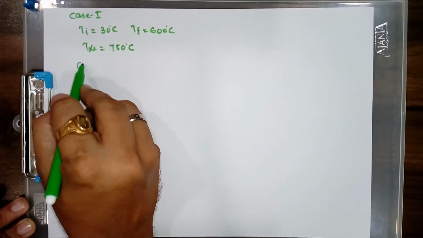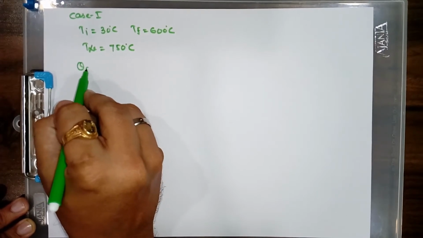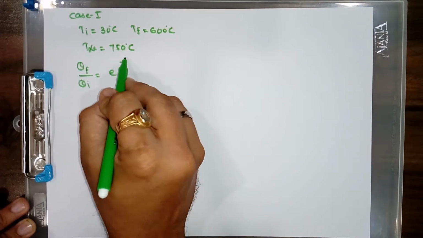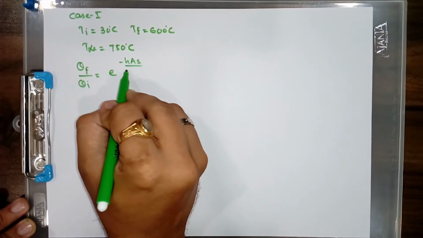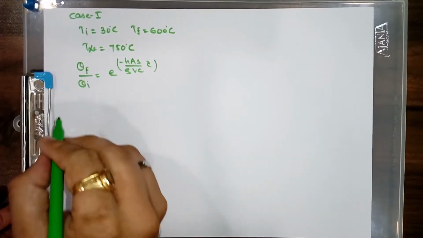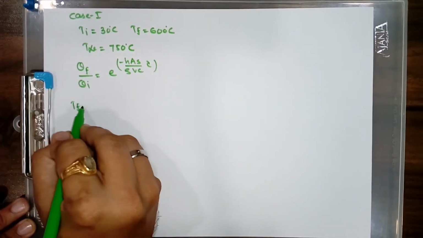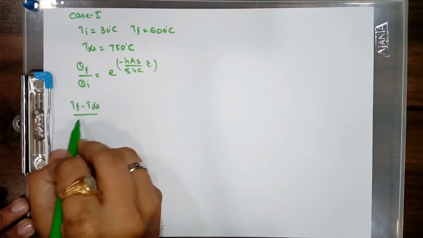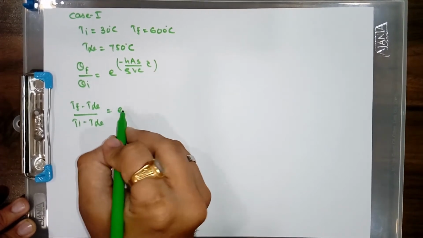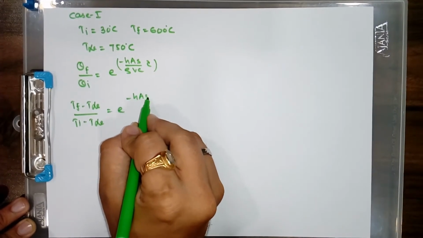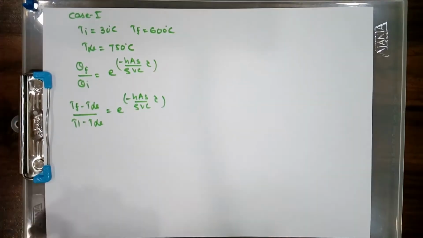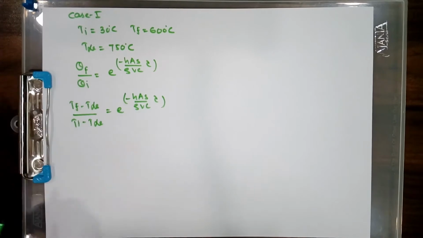So we apply the formula of lumped parameter analysis. TF minus T infinite upon Ti minus T infinite equals exponential minus hAs upon rho Vc into tau. In this expression, only tau is unknown to us.